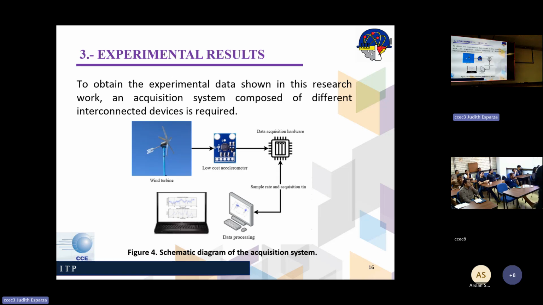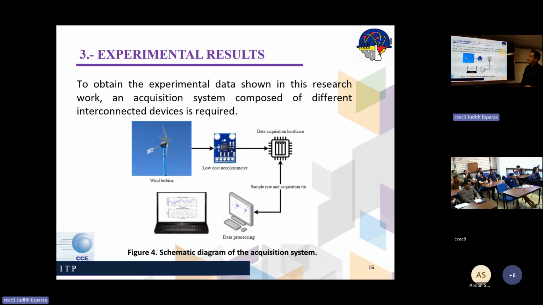The Arduino changes the analog signal to a digital signal and sends this information to a second board. The second board is a Raspberry Pi 4. This board has a program created in Python. This program changes this information into graphic form, and in this graph we can obtain the natural frequency. This natural frequency is the experimental one.